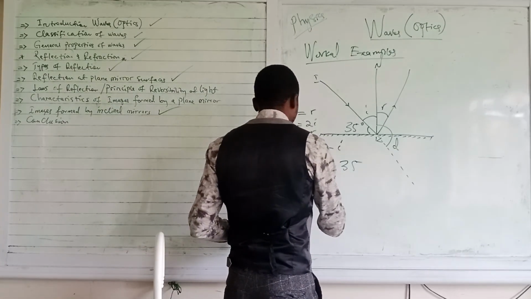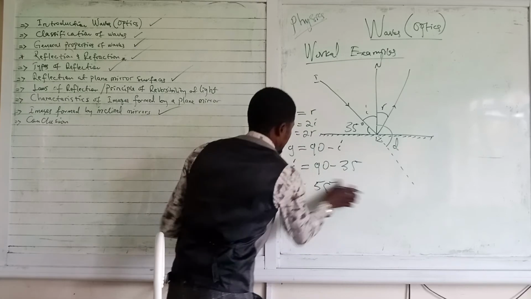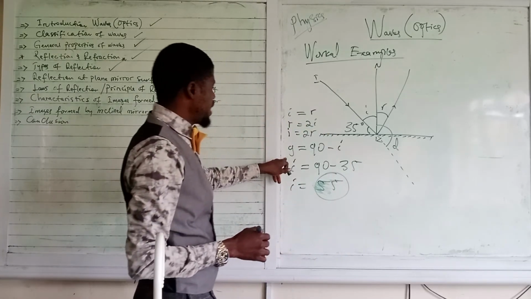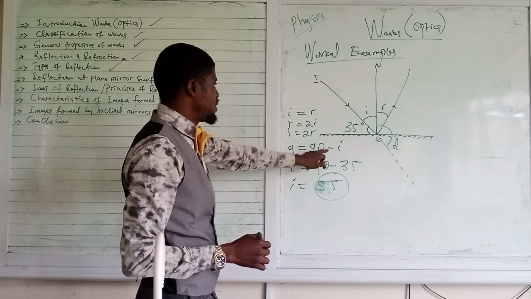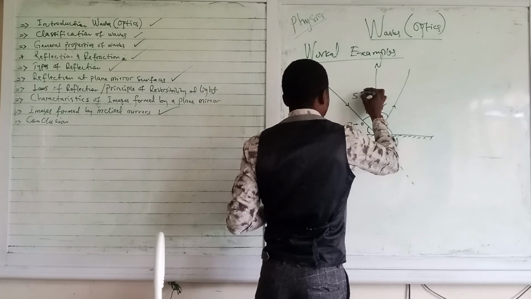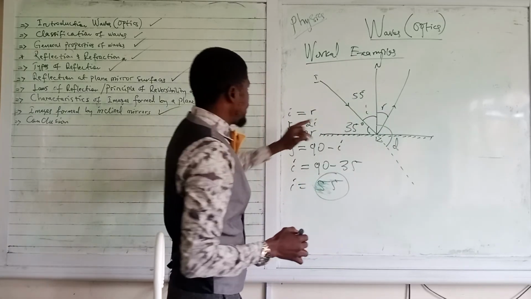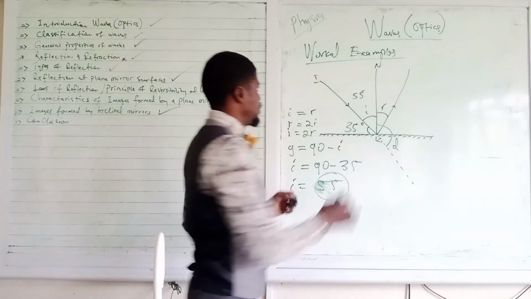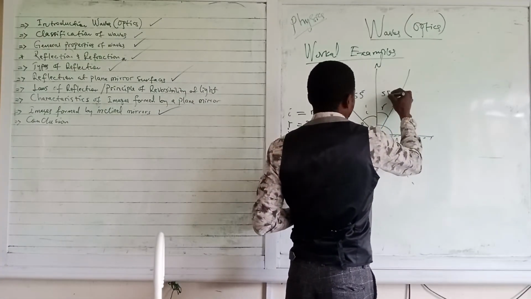So I is 55. Glancing angle is 90 degrees minus the incident angle. So your incident angle is 55. If I is 55, it means that our R is also 55. So write 55 here.